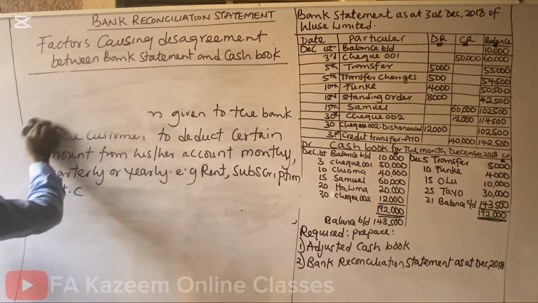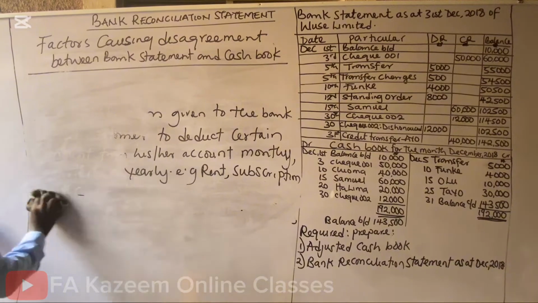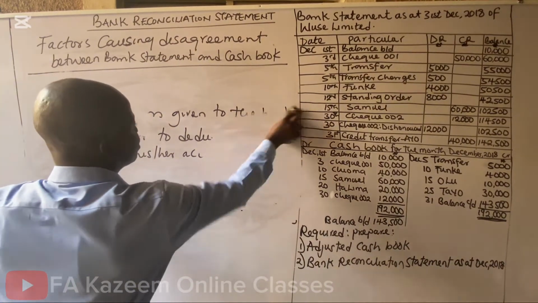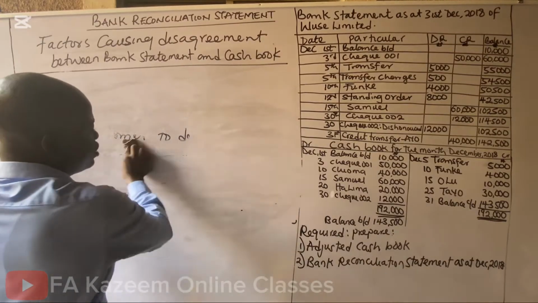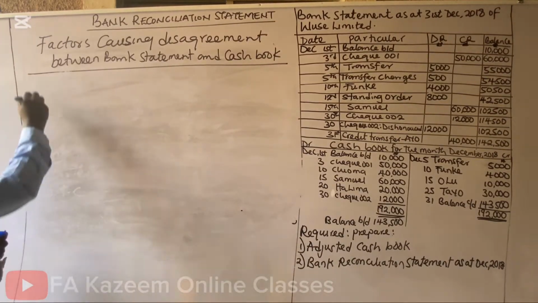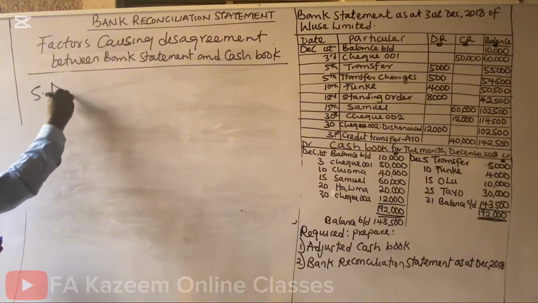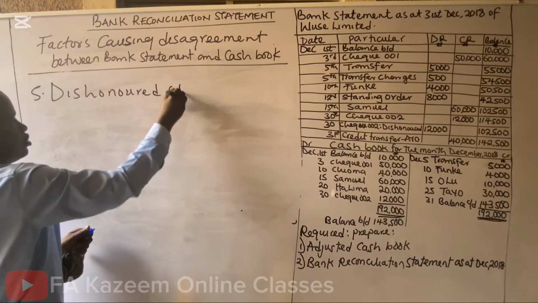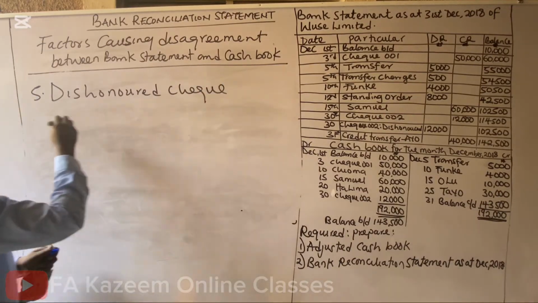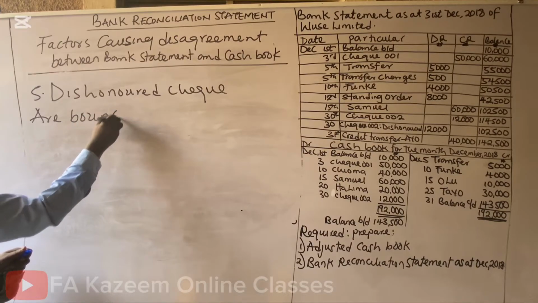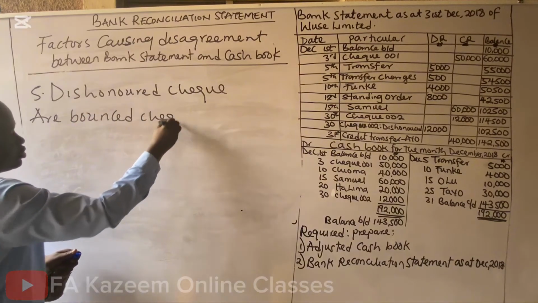Now, another factor is dishonored check. We have what we call dishonored check. What is a dishonored check? Dishonored checks are bounced checks.